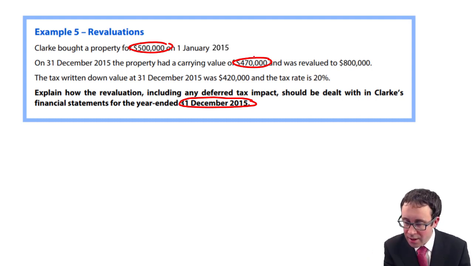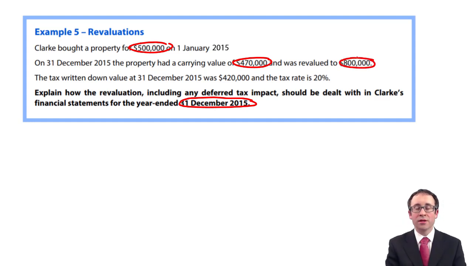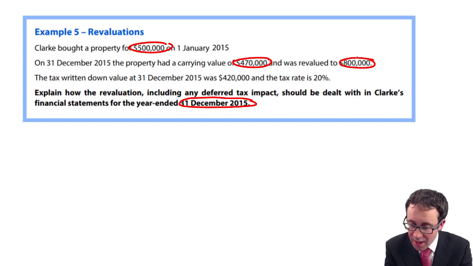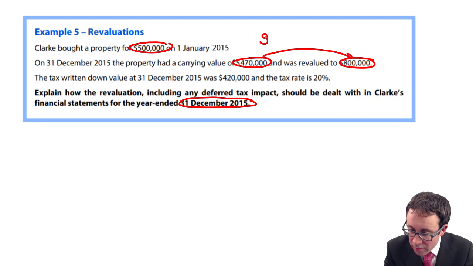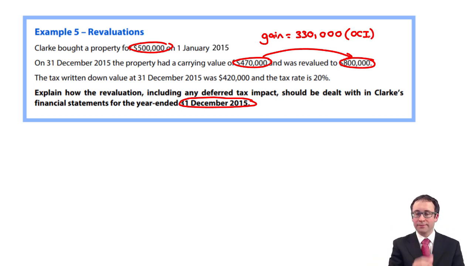However, at the end of the year, we've then revalued it to 800,000. So there will therefore be a gain, won't there? As we have revalued it from 470 up to the 800,000. So what we've got there from an IAS 16 perspective is that there is a gain of 330,000 that will go through OCI. Okay.